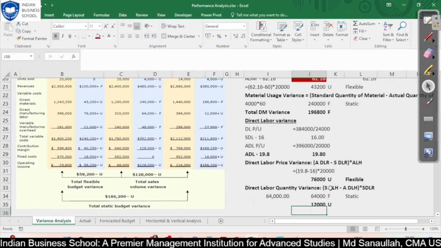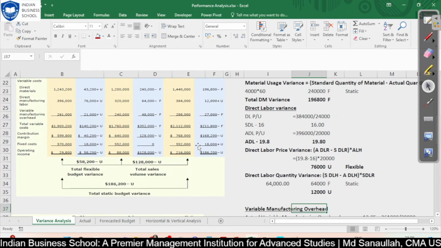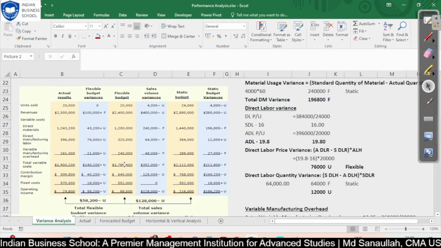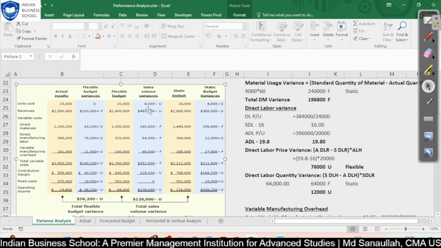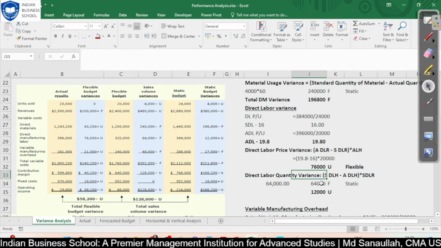Then if you talk about direct labor from a quantity point of view, quantity is normally the sales volume, so the static budget point of view. There, how much is our standard direct labor hour, which is 24,000, and then what is our actual quantity, and then we multiply by our standard direct labor hour.